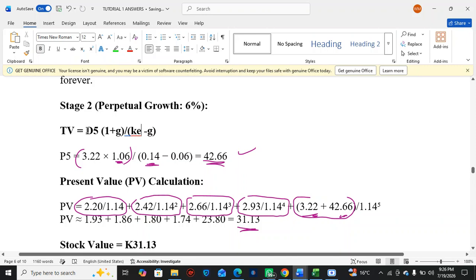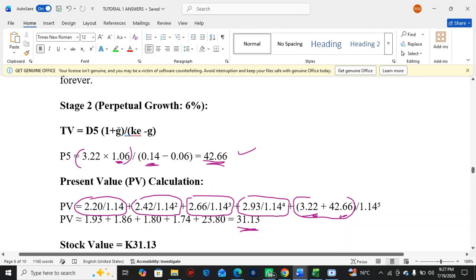That's why you have seen this D5, 1 plus G. We're saying that the dividend for year five, when it grows at 6%, what is it going to be? Then we divide that by the cost of equity minus the growth rate.